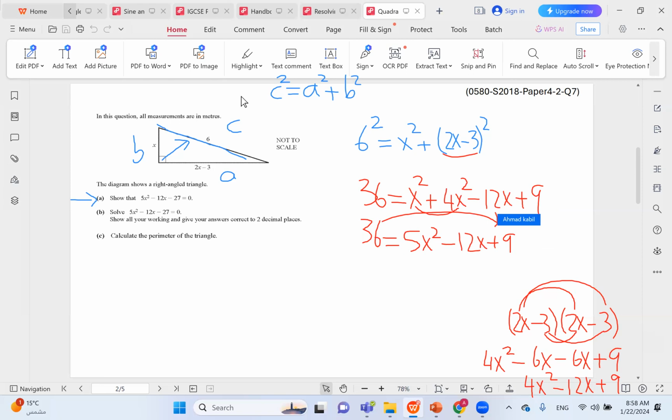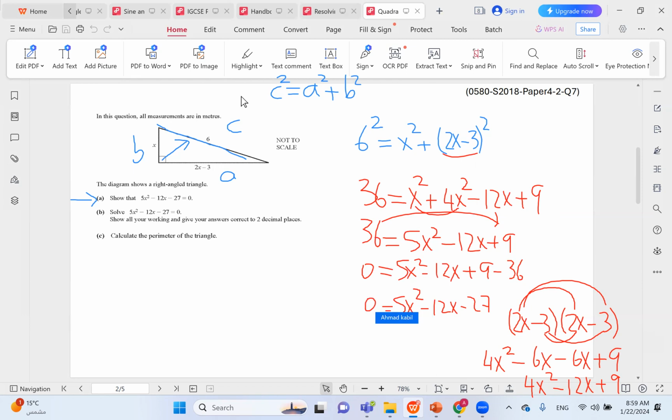So it becomes 0 equals 5x power 2 minus 12x, and then plus 9 minus 36. 9 minus 36 gives us negative 27. So we have 5x squared minus 12x minus 27, and this is equal to 0.